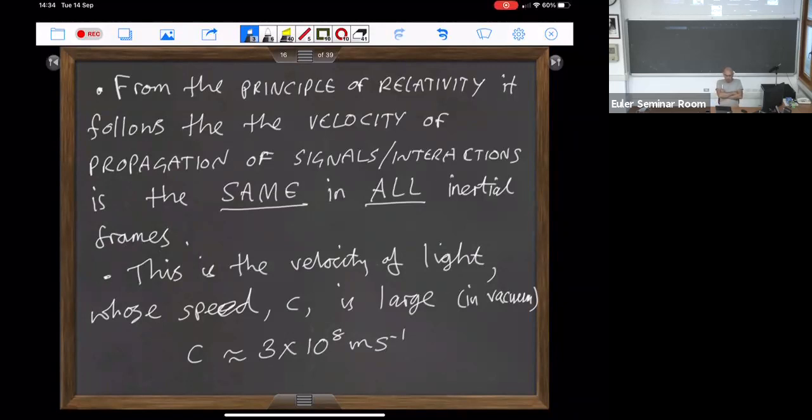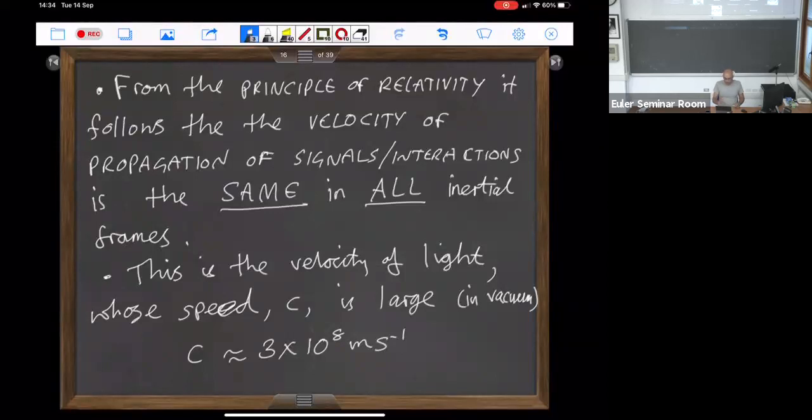So for most intents and purposes, this very large value can be approximated by infinity, and in that limit, the kind of effects that we will be talking about in relativity will not be observable. In the c goes to infinity limit, relativistic mechanics becomes classical mechanics.